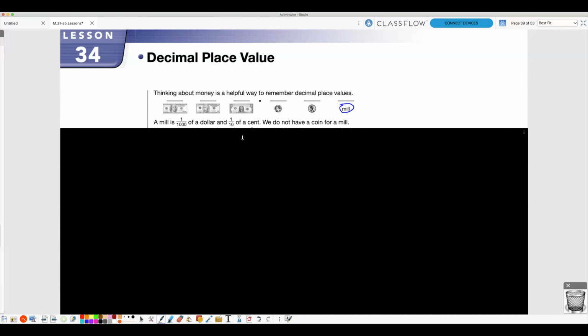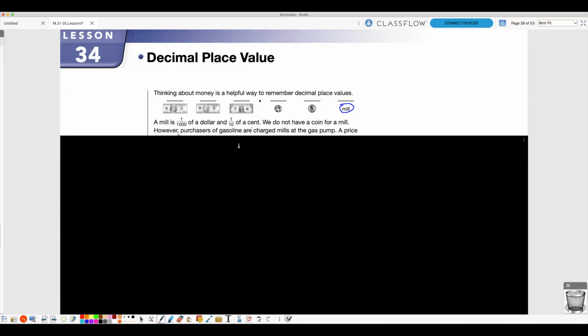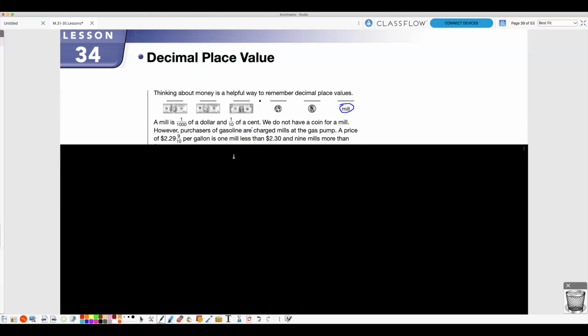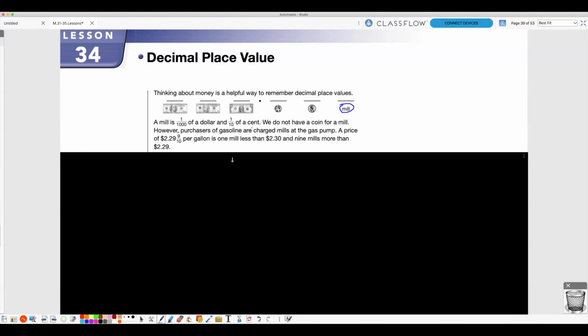We do not have a coin for a mill. However, purchasers of gasoline are charged mills at the gas pump. A price of $2.29 and 9/10 of a mill per gallon is 1 mill less than $2.30, and 9 mills more than $2.29.